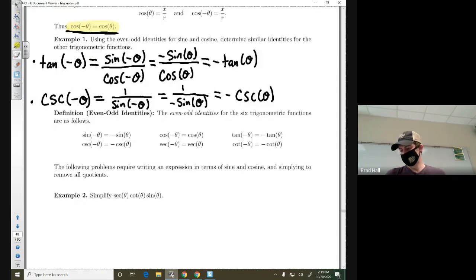So now on top of those formulas I had above, there's some more formulas.